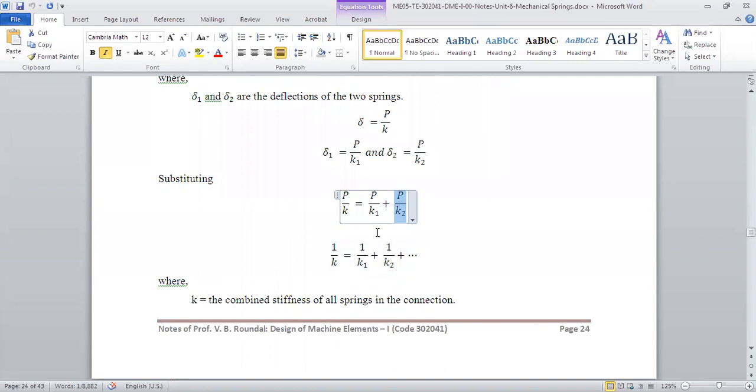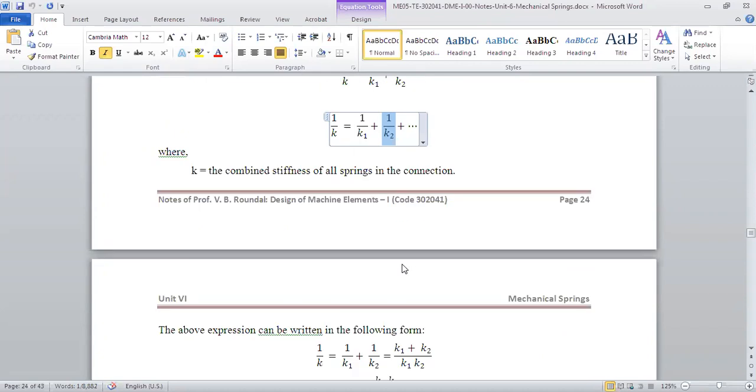We can easily cancel P, and we'll get 1 upon K is equal to 1 upon K1 plus 1 upon K2 plus 1 upon K3, and it goes up to n number of springs. So if we have n number of springs in series, the resultant stiffness of the combination is 1 upon K equal to 1 upon K1 plus 1 upon K2 plus 1 upon Kn, where K is the combined stiffness, and K1, K2, Kn are the stiffnesses of the individual springs.